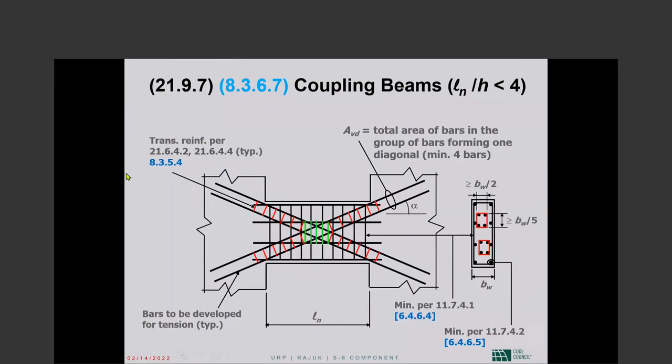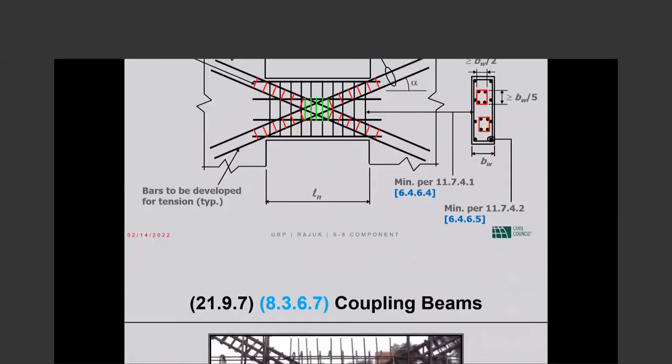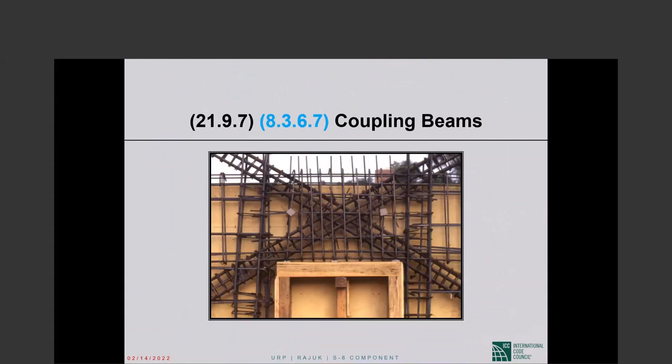Okay, so you have intersecting diagonals. Those diagonals have to be individually confined. And then there are reinforcement requirements for the coupling beam itself. I wouldn't go into the details. The details are on this figure. It's way too much detail, but I want to show you that difficult as it is, this is done.